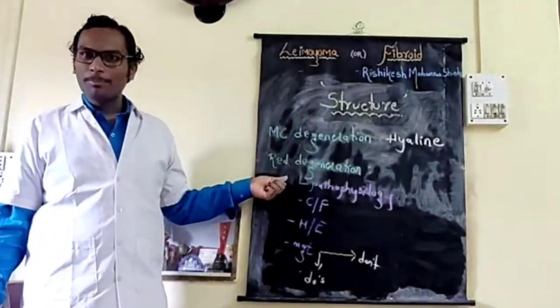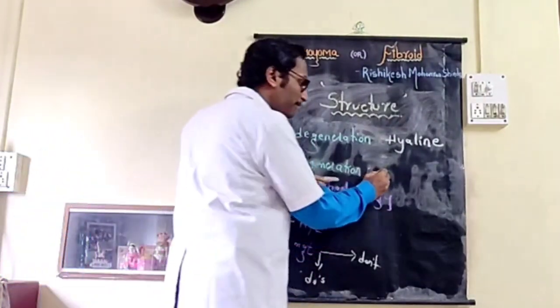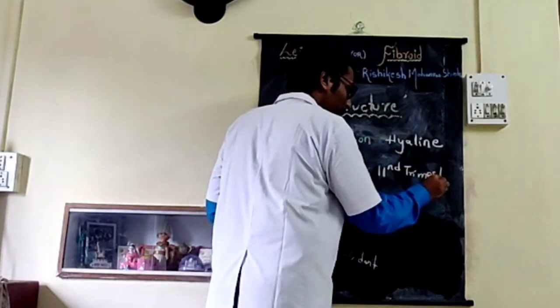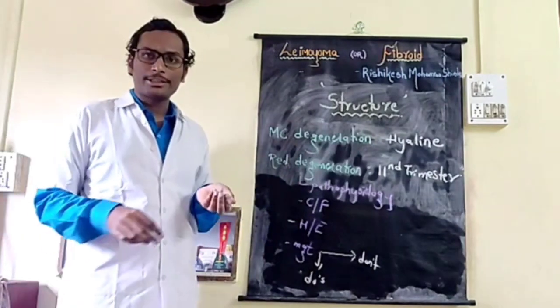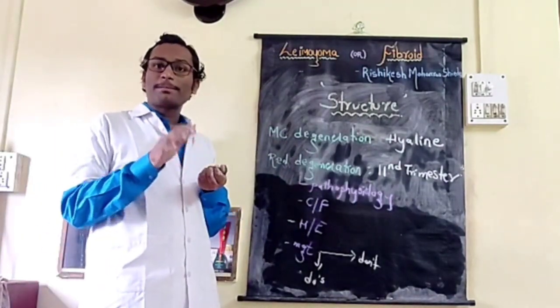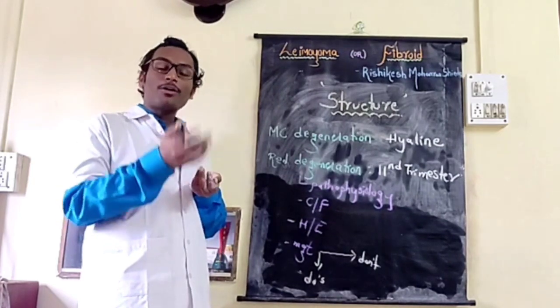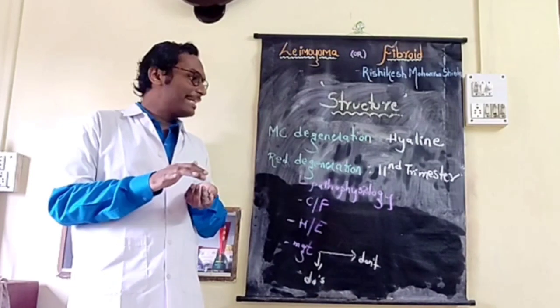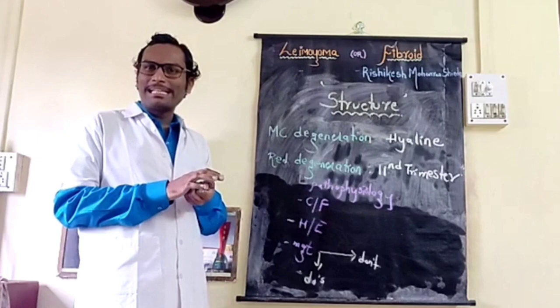One important term: what is red degeneration? Red degeneration is specifically seen in the second trimester of pregnancy. What is the pathophysiology behind red degeneration? The blood vessels which were supplying the fibroid undergo aseptic thrombosis. Because of the aseptic thrombosis, there is aseptic necrosis leading to damage of the fibroid. How will the patient present clinically?